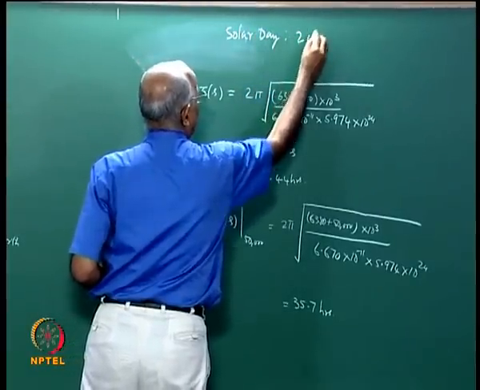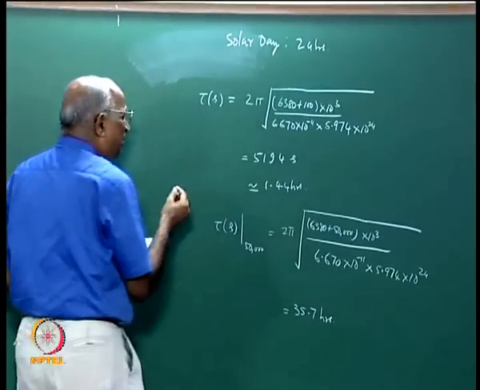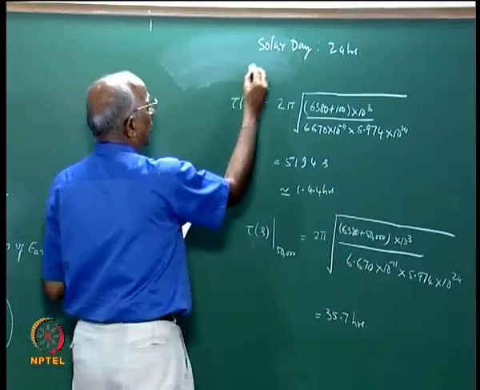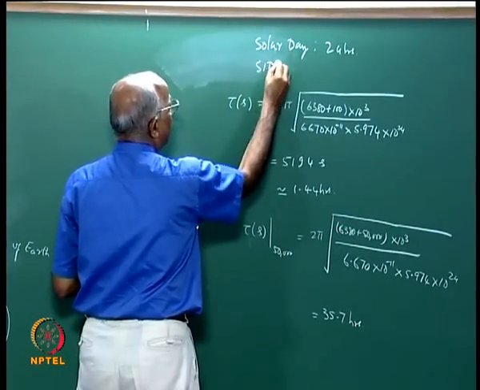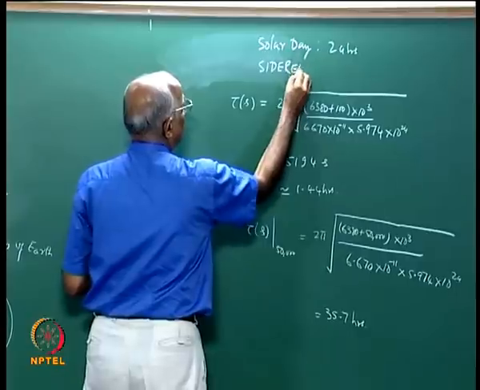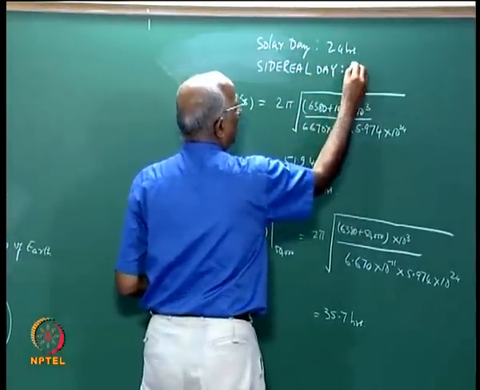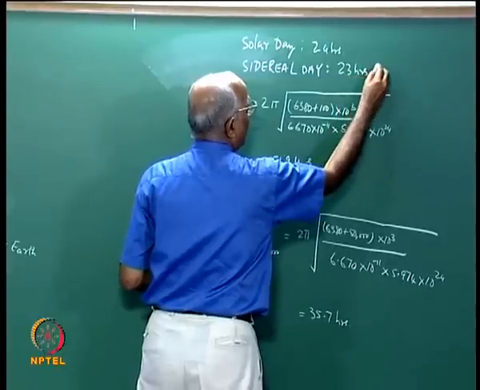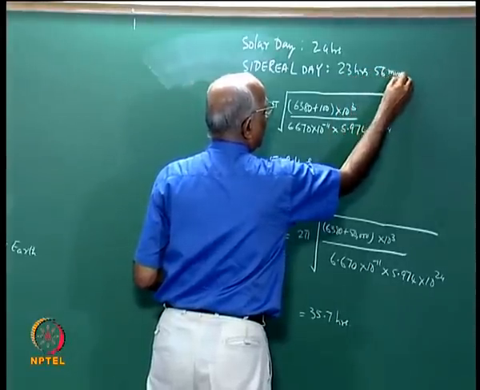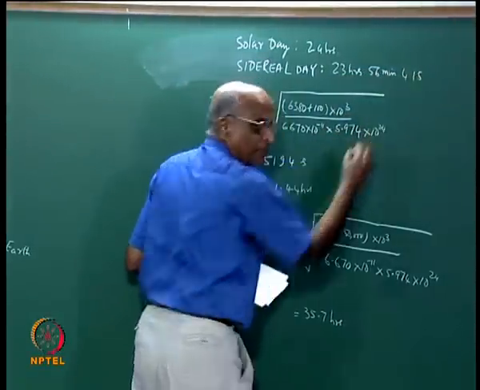that is the 24 hours period of one rotation, and we say the real actual time taken for a rotation, which we call the sidereal day, is slightly less: something like 23 hours 56 minutes and 4.1 seconds.